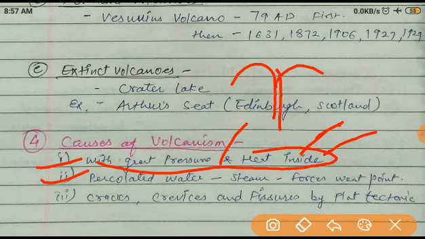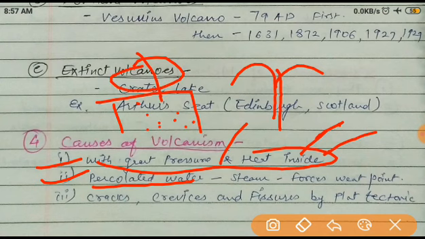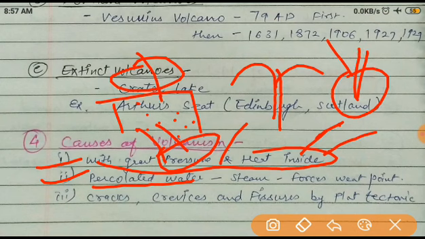Second one is the percolated water. What is the percolated water? It means when there is percolation, the water which is stored in the earth crust goes inside in small droplets. When it goes inside, if there is magma, so what will happen? Just like if we add some water to a fire, it starts producing steam, and steam is very pressurized, like the steam engine.